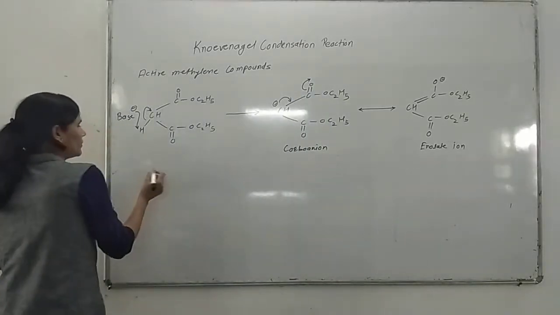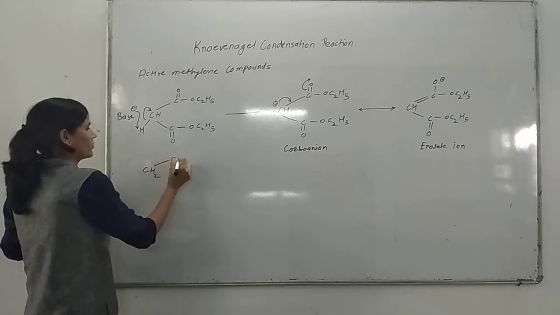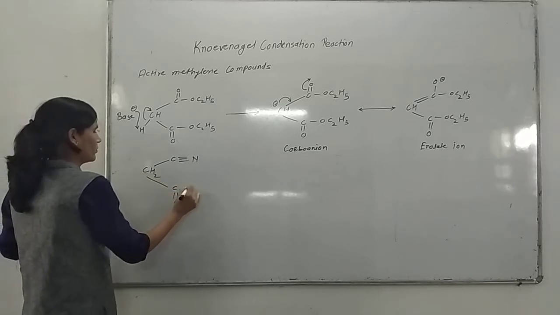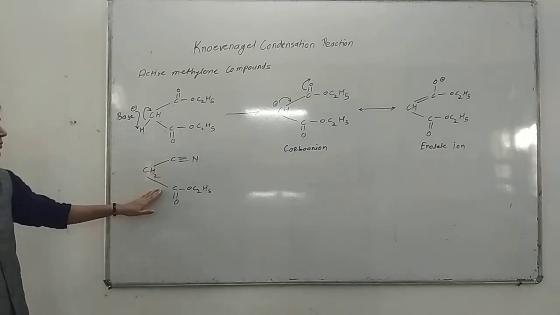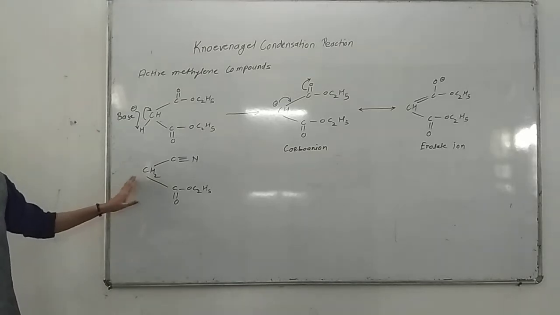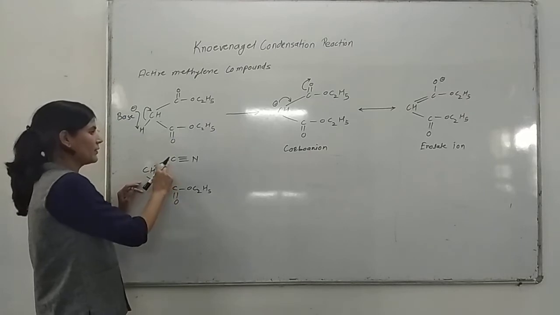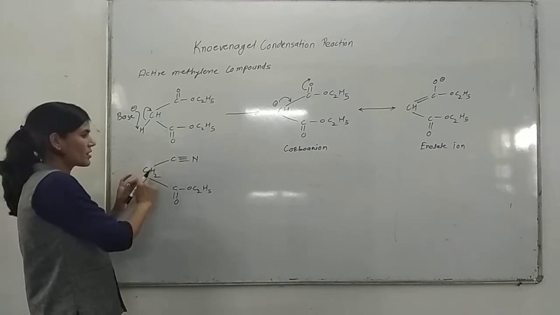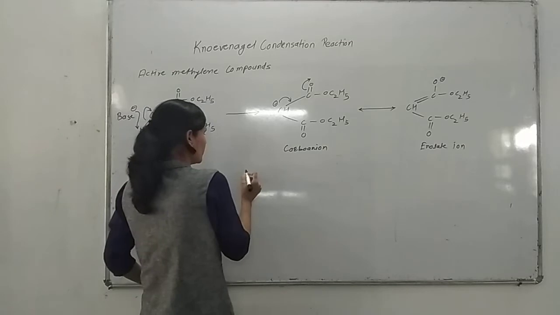Say, for example, this is malononitrile, in which the CH2 group, that is the methylene group, is adjacent to a cyano group as well as a carbonyl group of an ester. See the next example.